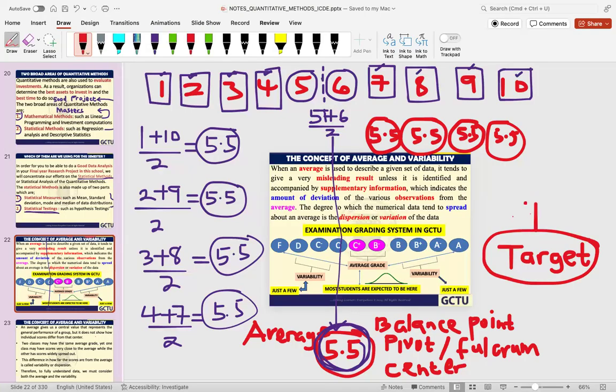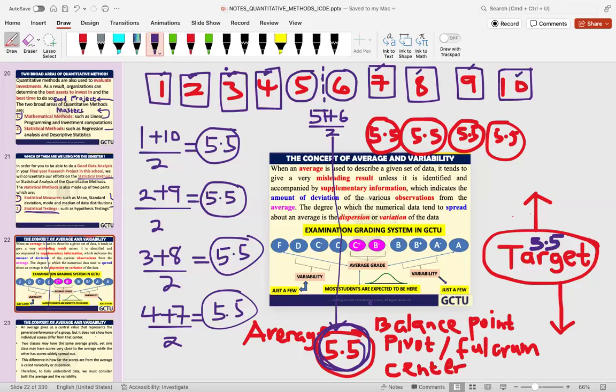If you move above the target, and if you move below the target, it means a lot. So if we take our situation here, from the calculation we have done, our target is 5.5. So let's say these are business figures. We are selling, and sometimes we get 1 million, sometimes we get 2 million, sometimes we get 5 million, sometimes we get 6 million, sometimes we get 10 million.